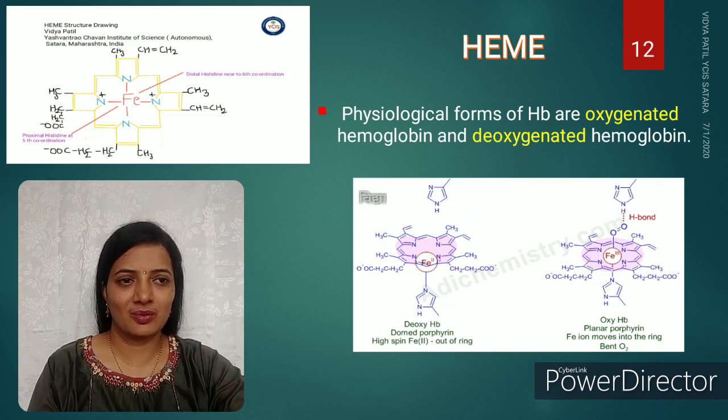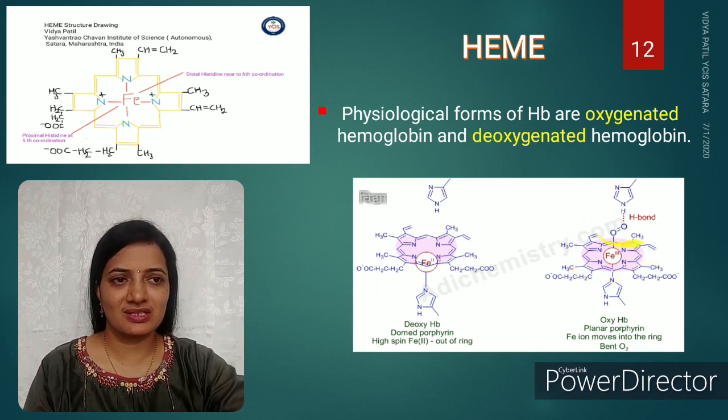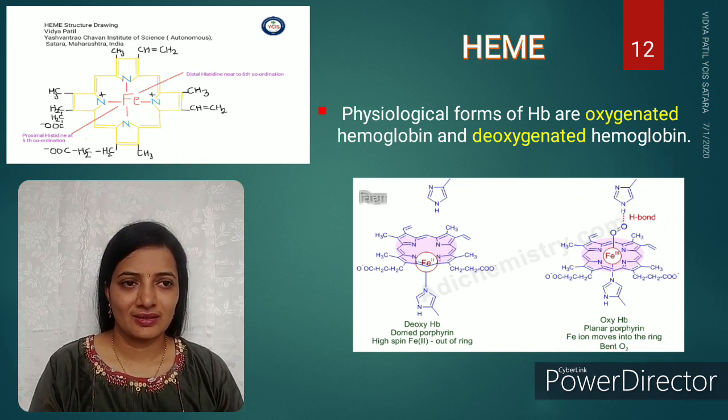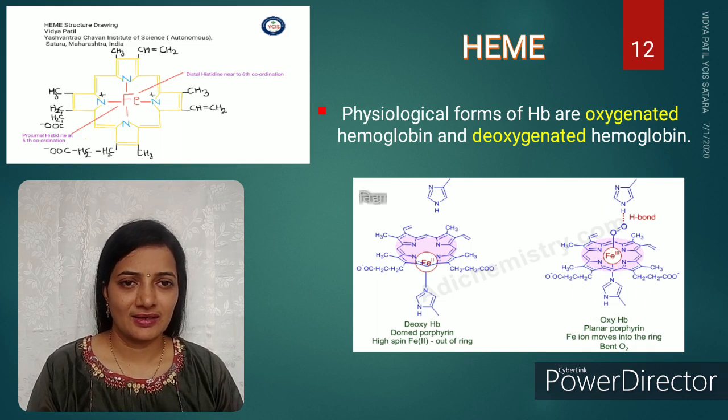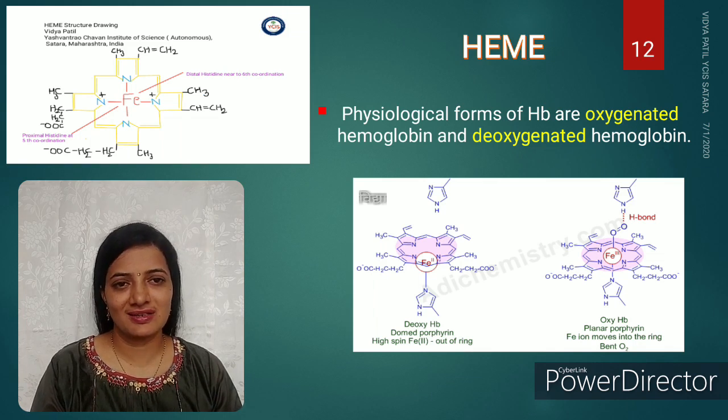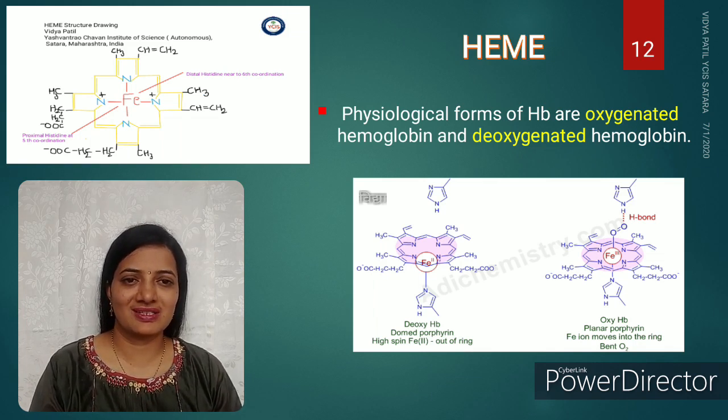While in oxyhemoglobin, see this diagram, at the sixth coordination position oxygen is present, and this is the distal histidine. Already the proximal histidine is present on this side, the plane side of the ring. And in this way deoxyhemoglobin and oxyhemoglobin formation is possible when the heme group is present in hemoglobin. So this molecule is very, very important for the function of the protein as a prosthetic group.